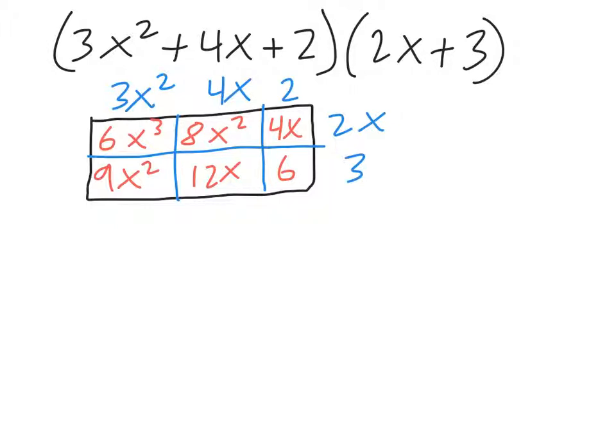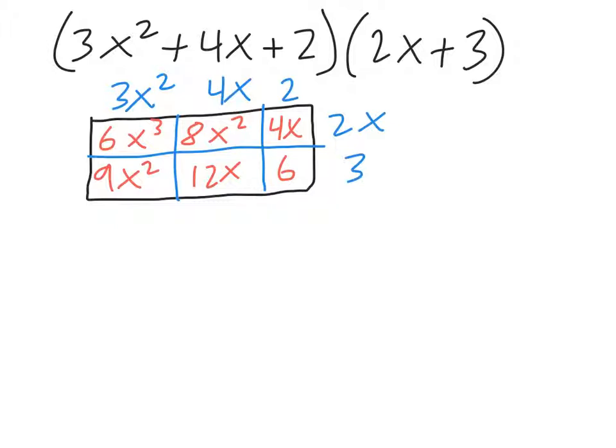Look a little familiar with the numbers? It should. So, the next thing we want to do is combine like terms. So, notice here we have x cubed, but there aren't any other x cubes, so that'll be left by itself.